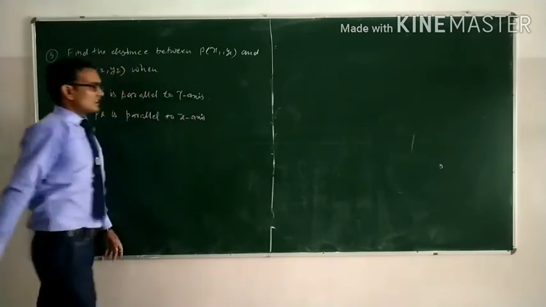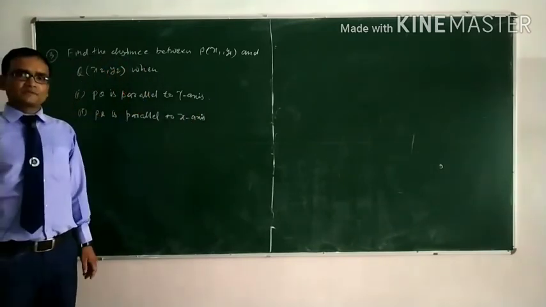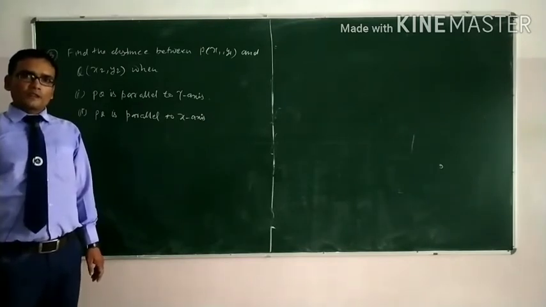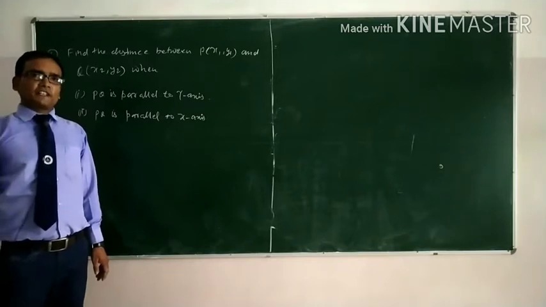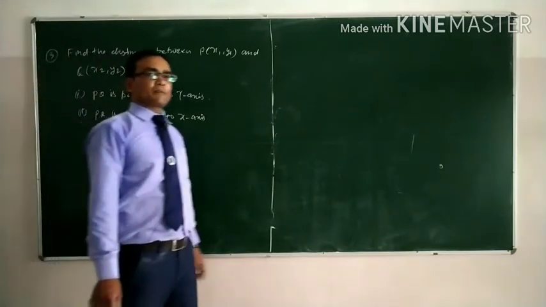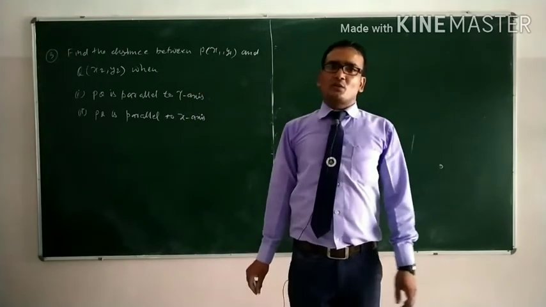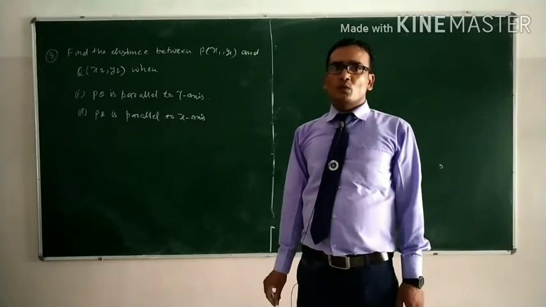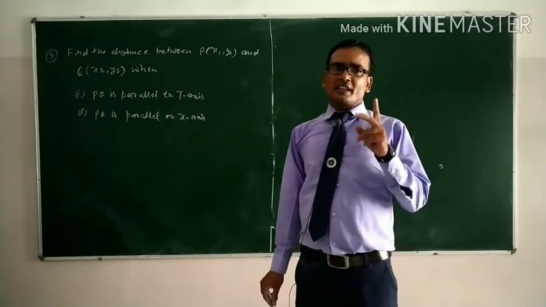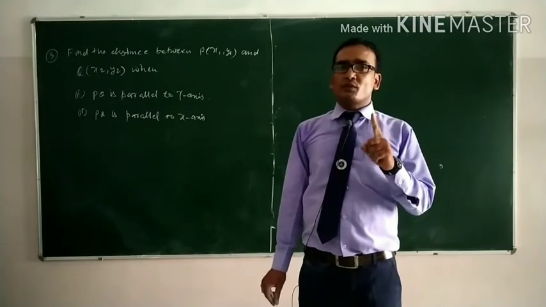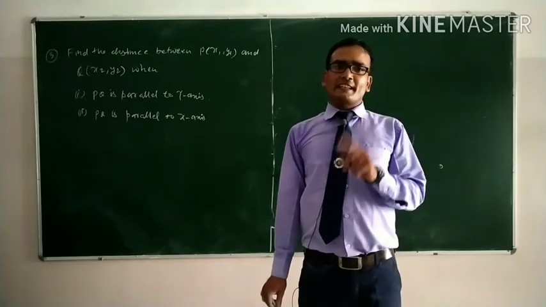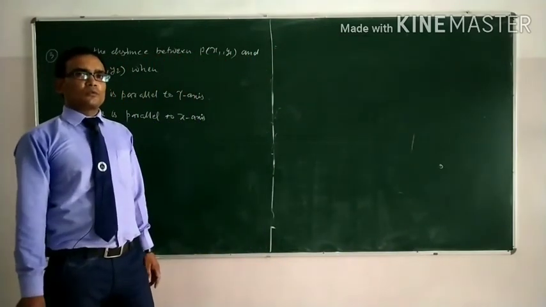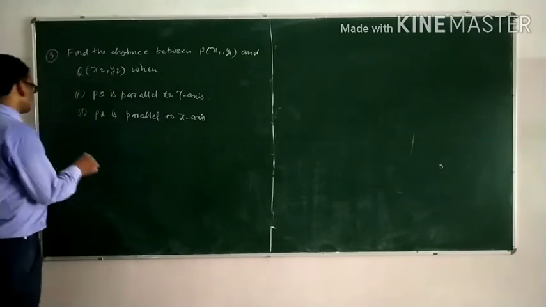Okay students, here we find the distance between P and Q. The coordinate of P is x1 y1 and coordinate of Q is x2 y2. Then find PQ. Here two conditions are given: first, PQ is parallel to y axis and second, PQ is parallel to x axis.